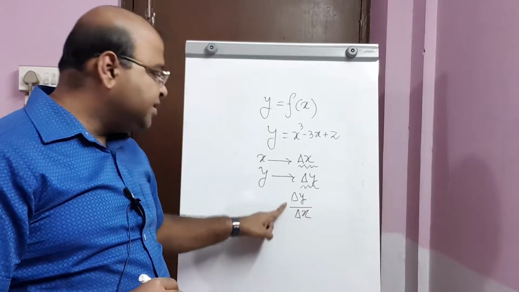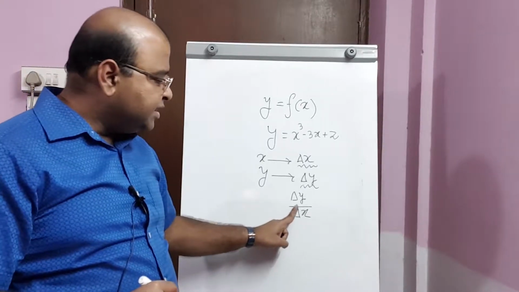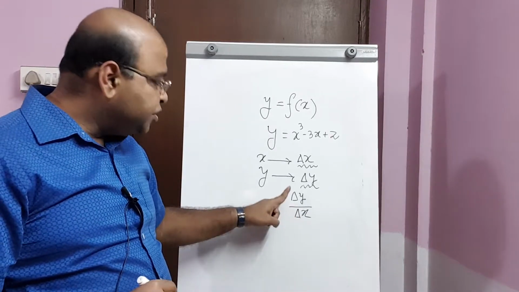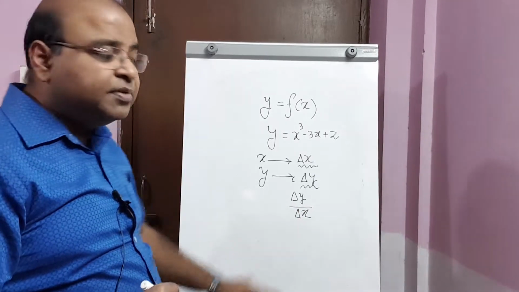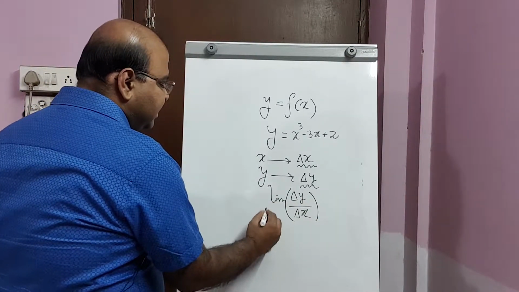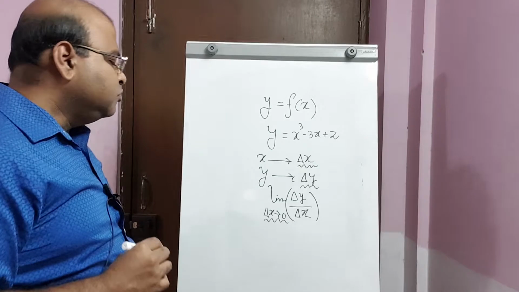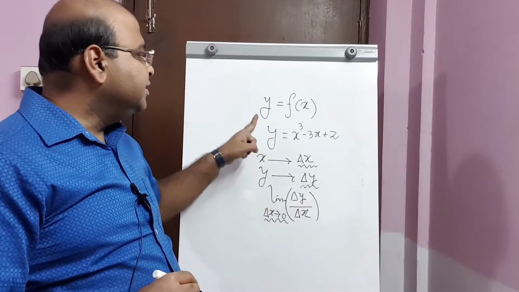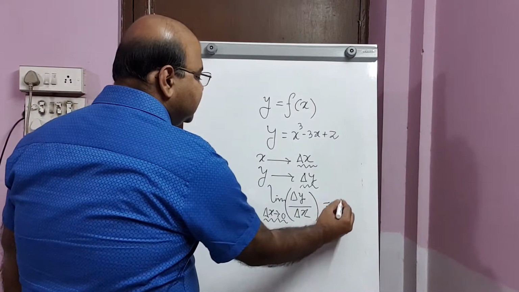Now if this relative change is subject to a limiting condition, when the change of the independent variable becomes infinitesimally small, which means if we take the limit of this ratio when delta x tends to 0, that is, the independent variable x undergoes an infinitesimally small change, then this limiting value is known as the derivative of y with respect to x, and we denote this by the symbol dy/dx.